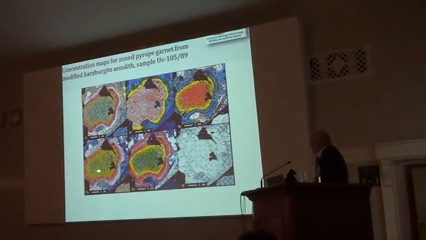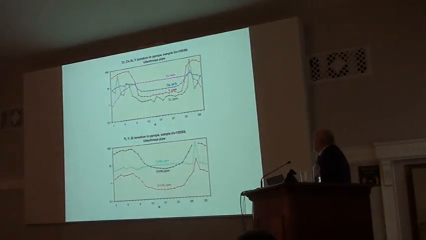Another: we have low iron in the core and an increase of iron in the rim. Titanium is also low, practically absent, less than 0.1% of titanium in the core, and up to 1.5% in the rim. Chromium is stable and high in the core, and decreases to less than 1%.